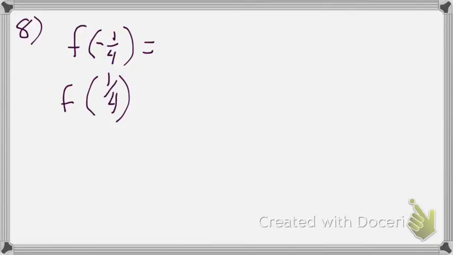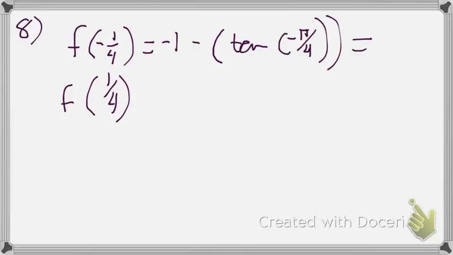So this becomes negative 1 minus the tangent of negative pi over 4. And that does indeed equal 0. And f of 1/4 becomes 1 minus the tangent of pi over 4, and that's equal to 0.